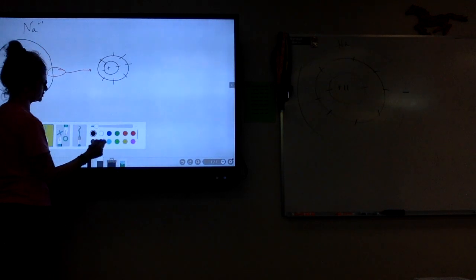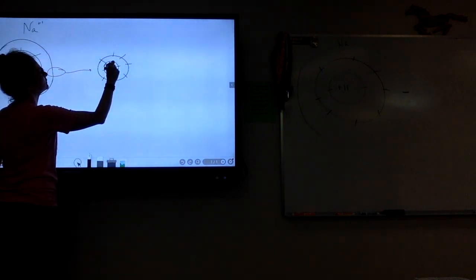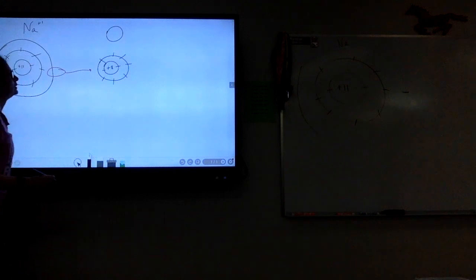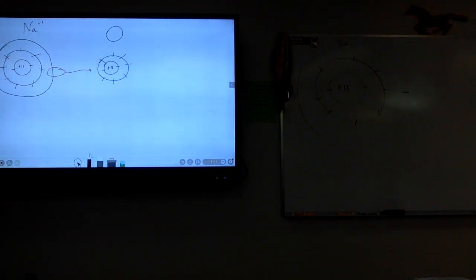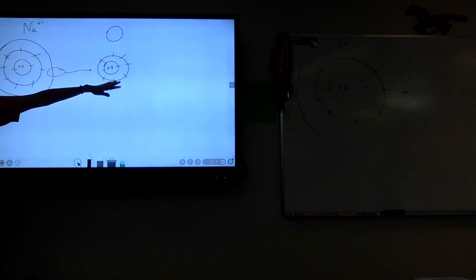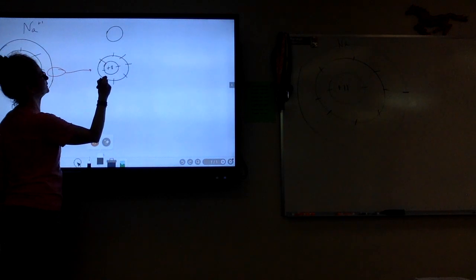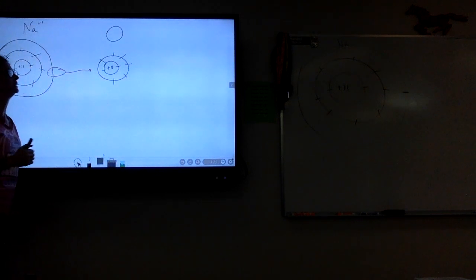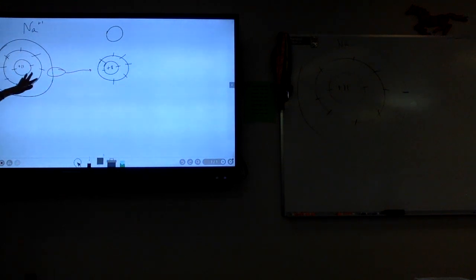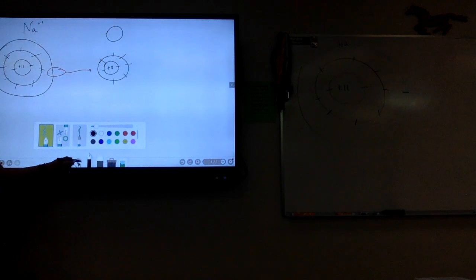I want to change this to oxygen. So tell me what I need to change to make this neutral. Get rid of one of the electrons. Let's see if I can do that. Okay. Now, go back. Sodium has this electron here.